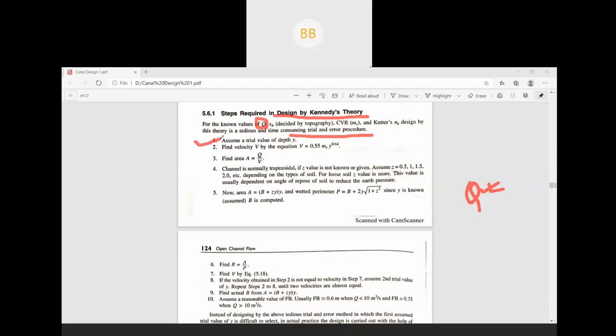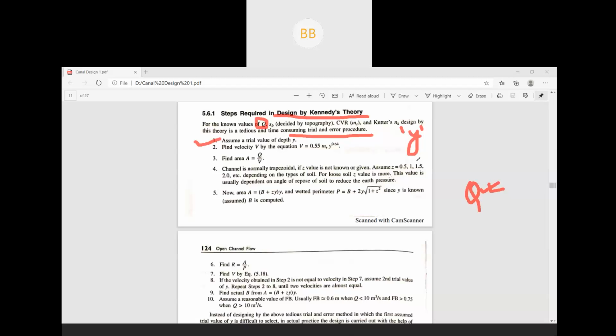So step number one: you have to assume a depth of flow. In the first step, you have to assume a value of depth y. Okay. That is your first step.